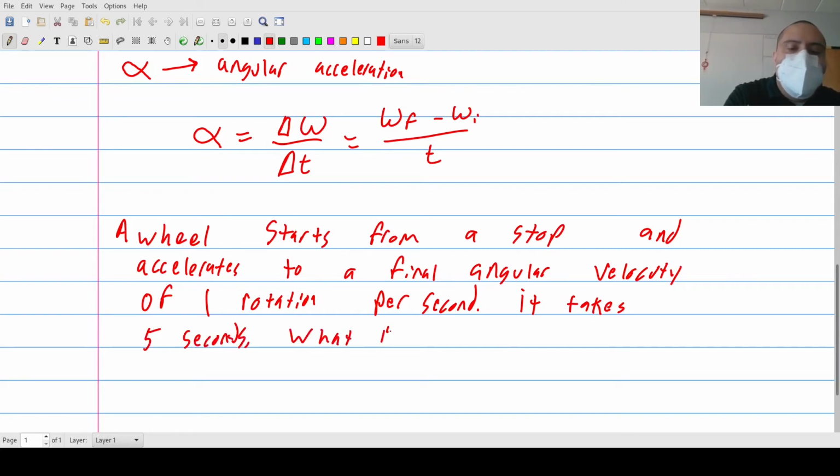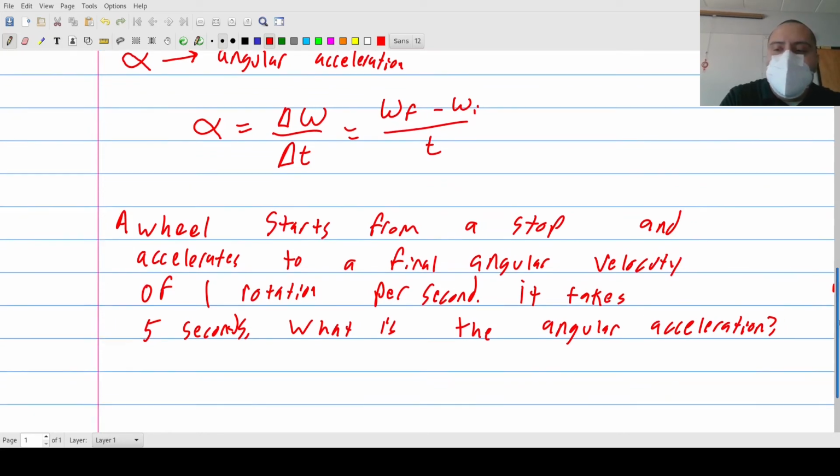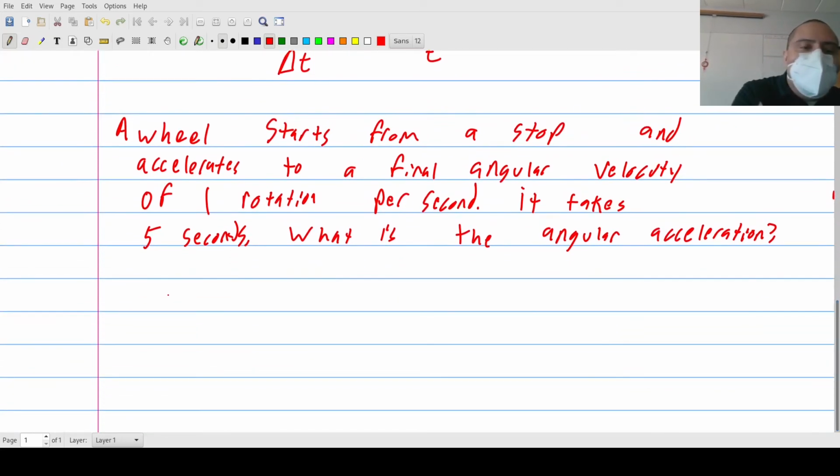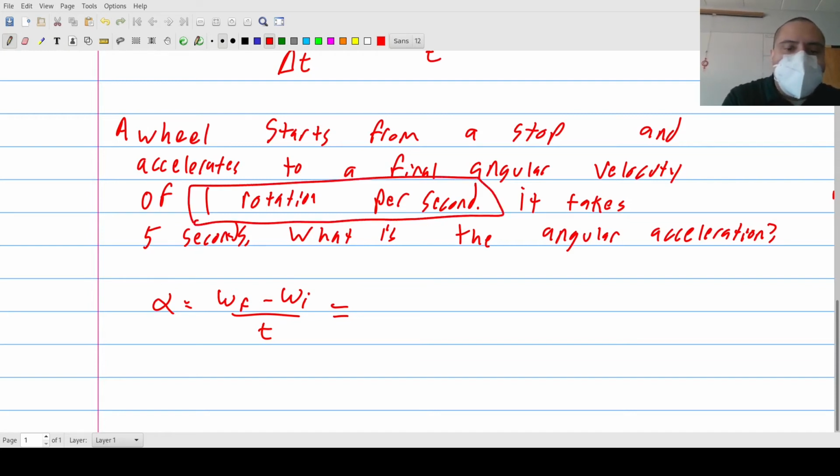What is the angular acceleration? Well, in order to find angular acceleration, alpha is equal to omega final minus omega initial divided by time. So omega final is 1 rotation per second, which is really 2 pi radians per second, because 2 pi is 1 rotation.